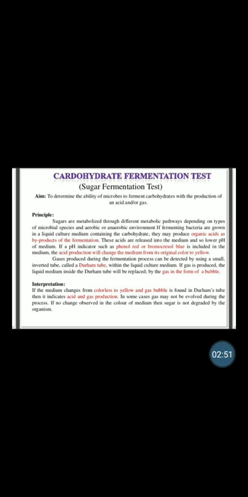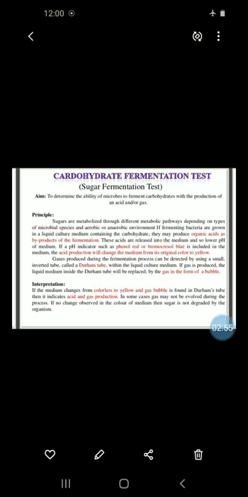Within the liquid culture medium, if gas is produced, the liquid medium inside the Durham tube will be replaced by the gas in the form of bubbles.